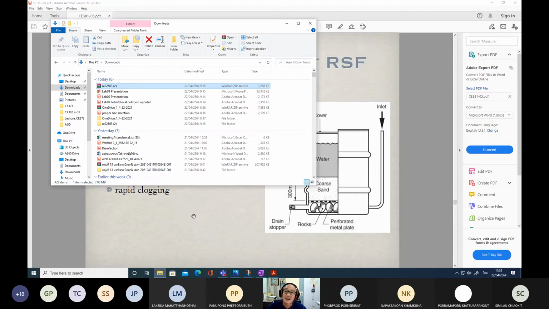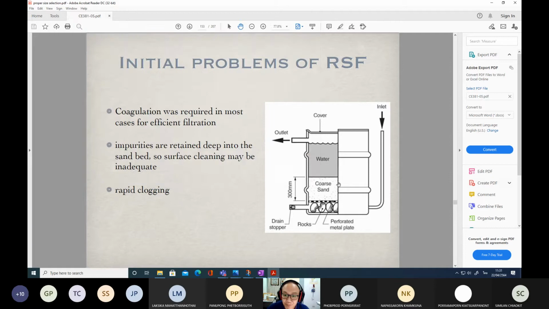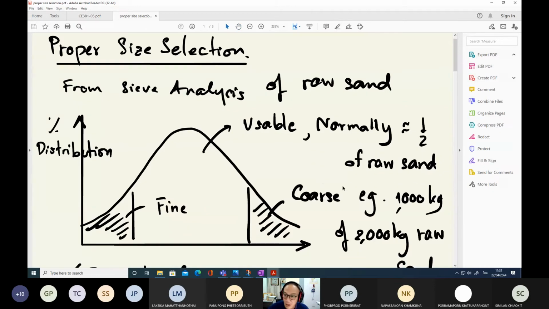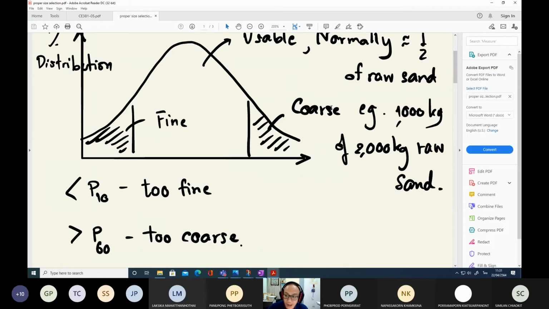So how we can choose media with an effective size of 10 millimeters to be used as filter media.